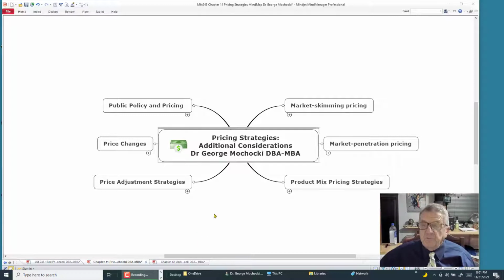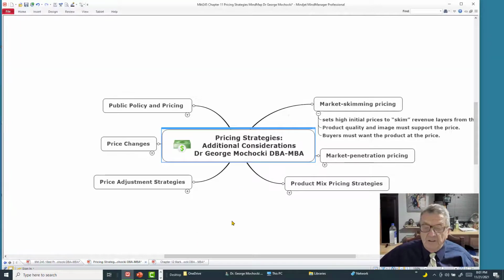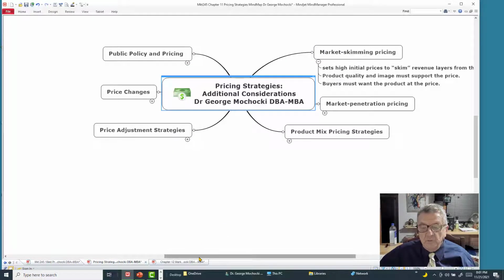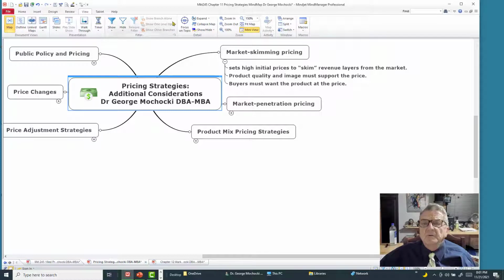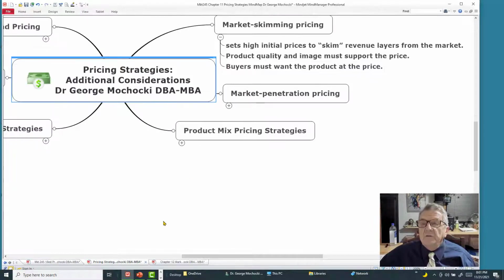So there are different ways of pricing. Let's look at the price skimming method again. If I'm looking at price skimming, it sets prices to skim revenue layers of the market.